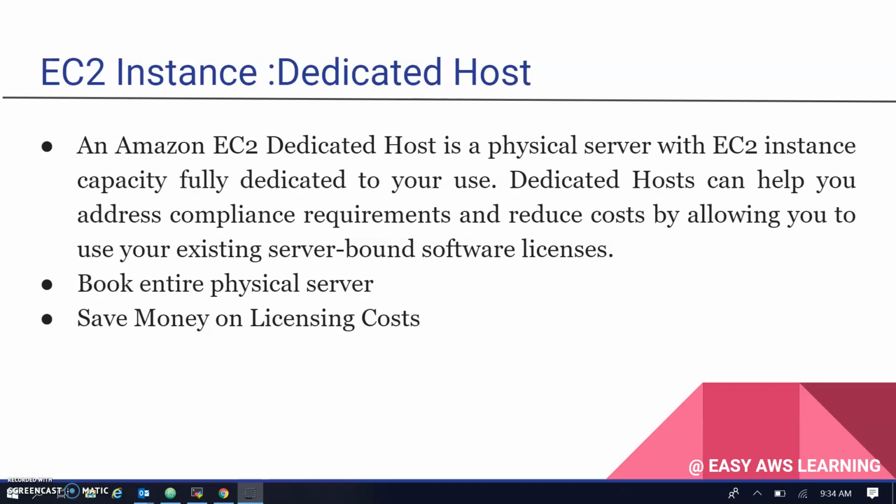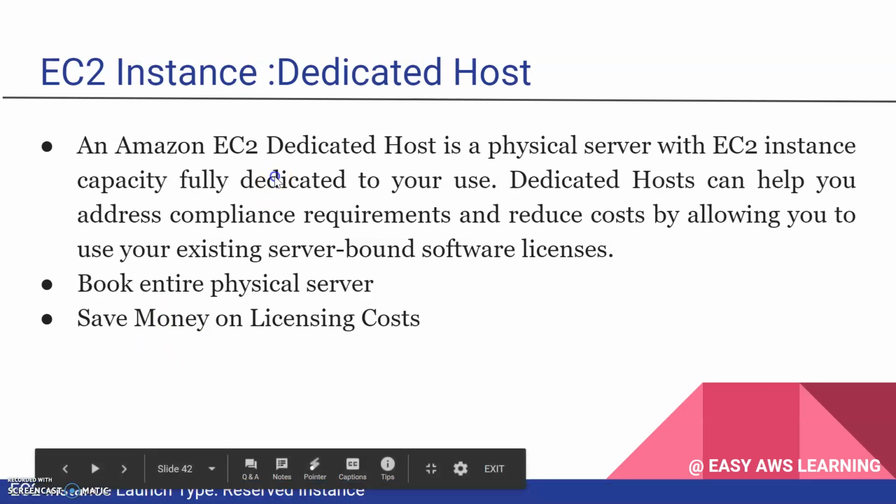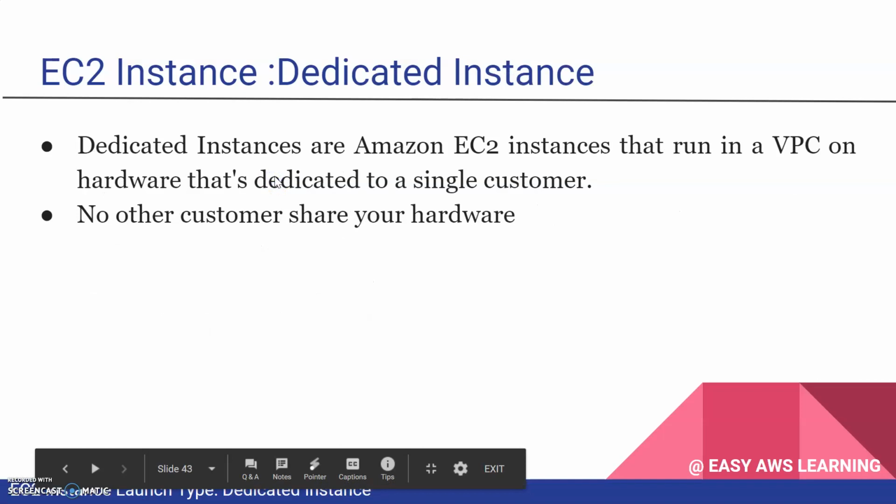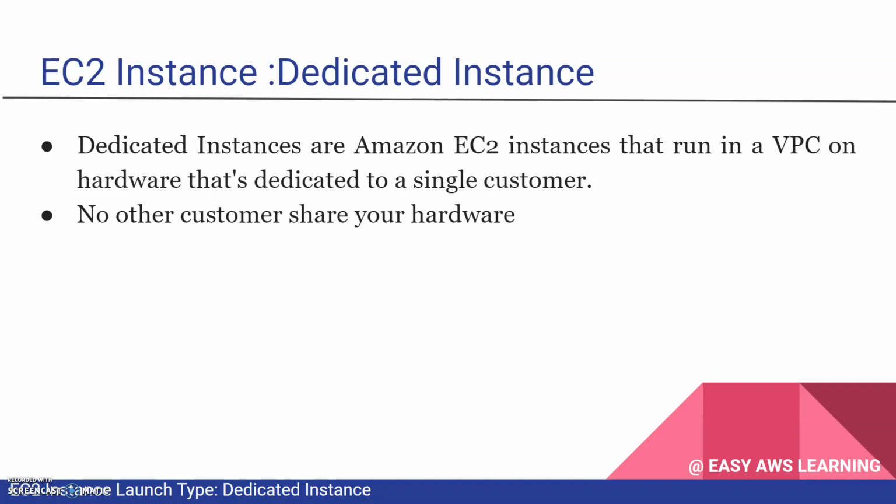Next one is the dedicated instance. Dedicated instances are Amazon EC2 instances that run in a VPC on hardware dedicated to a single customer. This is fully dedicated hardware for a specific single customer, and you can use this hardware for launching your different instances.